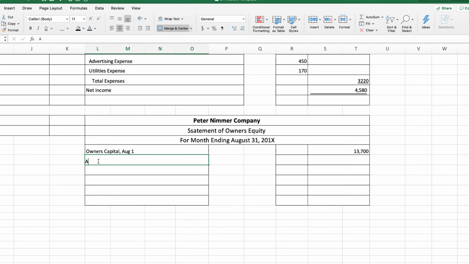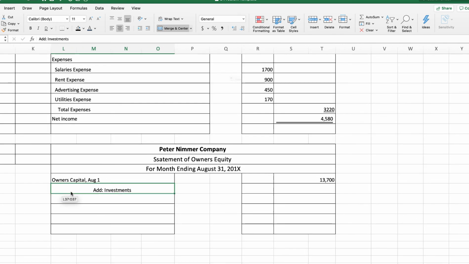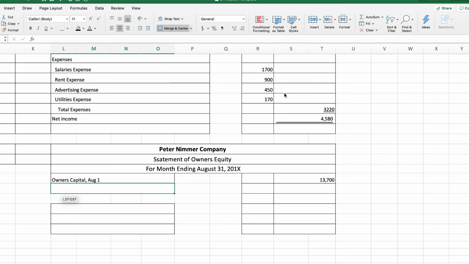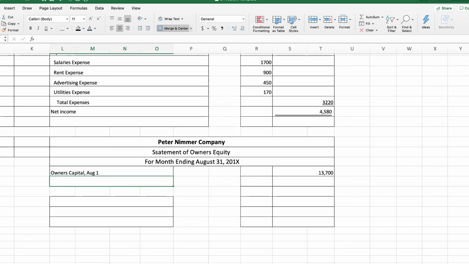Well, we're going to add to this beginning balance any investments that the owner made. And we're also going to add cancel. Oops. Bear with me here, I apologize.